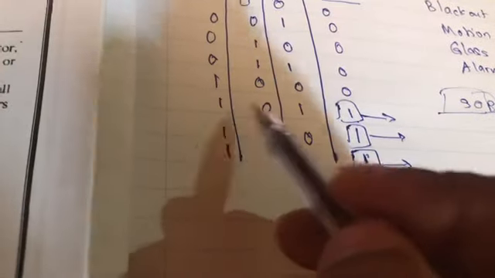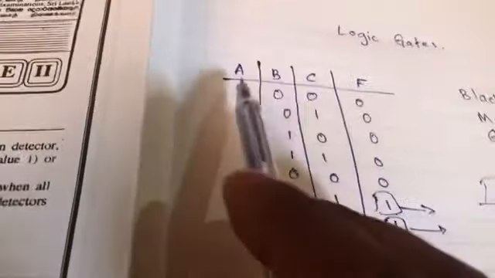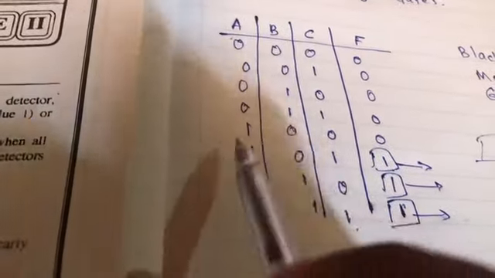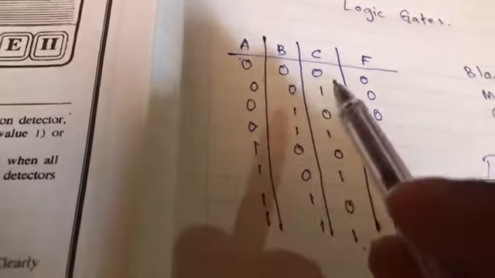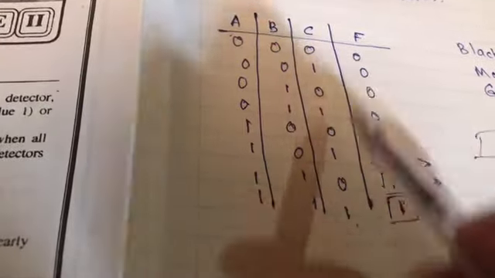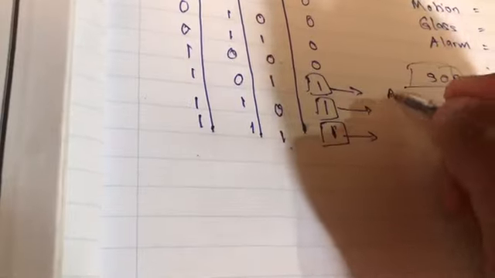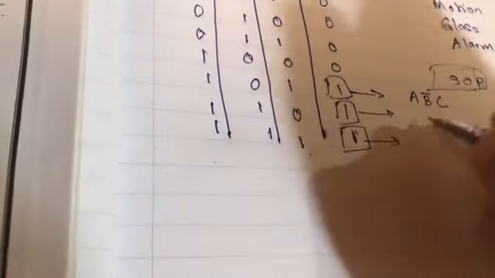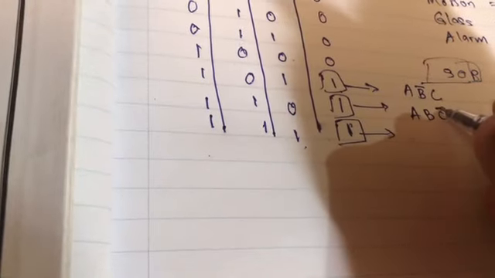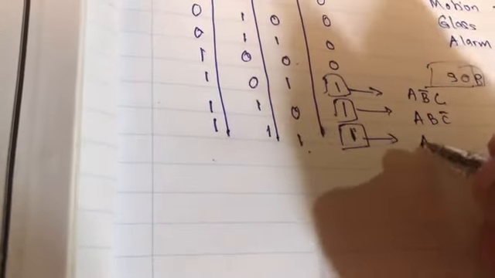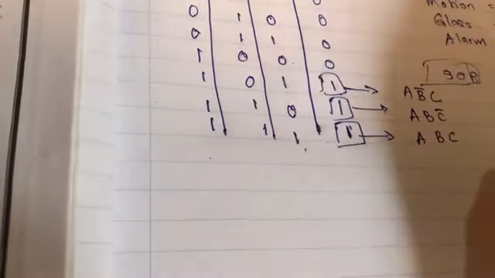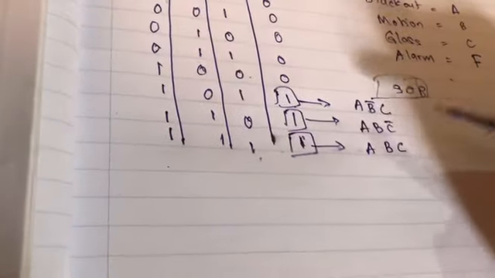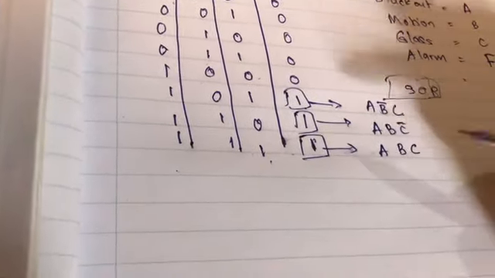So it says 1 0 1, those are the inputs. 1 for A means A, 0 for B means B bar, and 1 for C means C. So we write that down as A B bar C, and the next one is A B C bar, and the next one is A B C. So this is the deriving part of it.